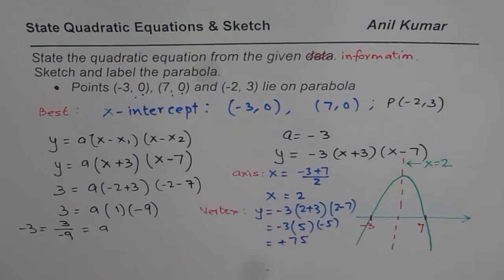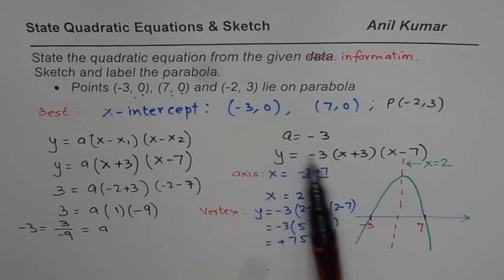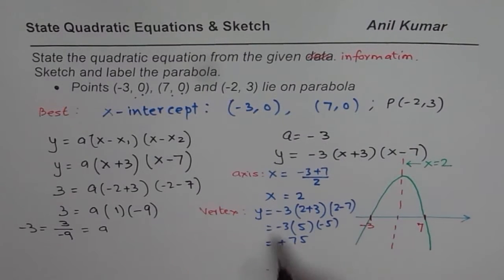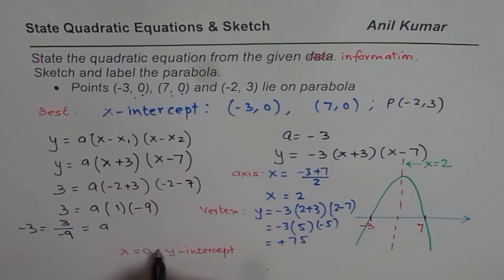You could find the y-intercept also. Let us find the y-intercept. It's a good idea. To find the y-intercept, we have to place x as 0. So we'll write y-intercept here. That means x equals 0.